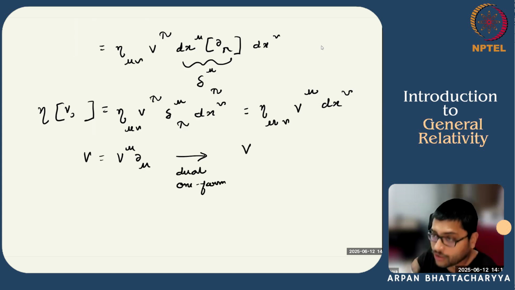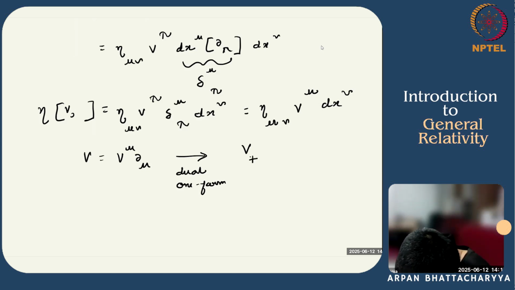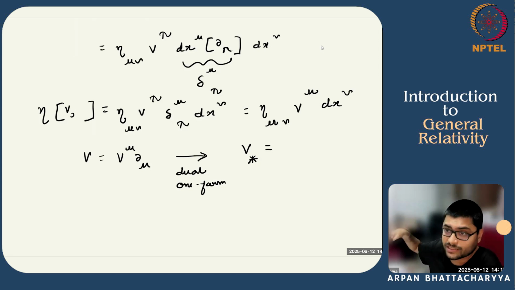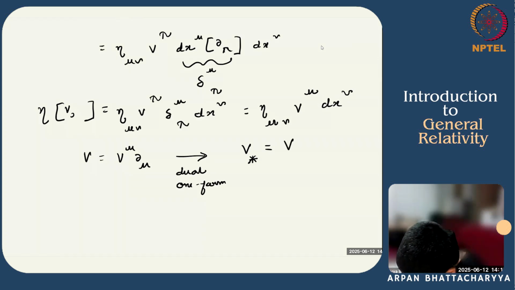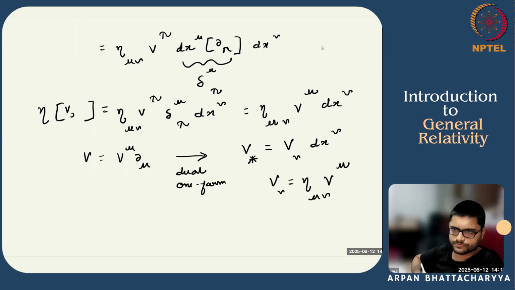We will use the same symbol for the component, but with the index down: v_nu dx^nu, where v_nu is nothing but eta_{mu nu} v^mu. So the metric serves as an isomorphism between the elements of the tangent space and the elements of the cotangent space, or the dual space.